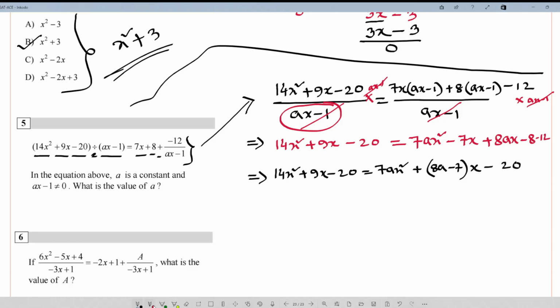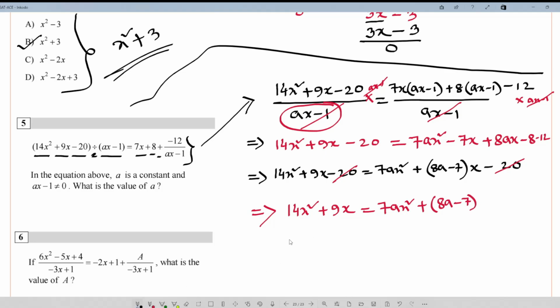Now look, here is minus 20 and here is plus 20. Once we move this part to that part, it will be out. So here is 14x square plus 9x equals 7ax square plus 8a minus 7 times x, right?